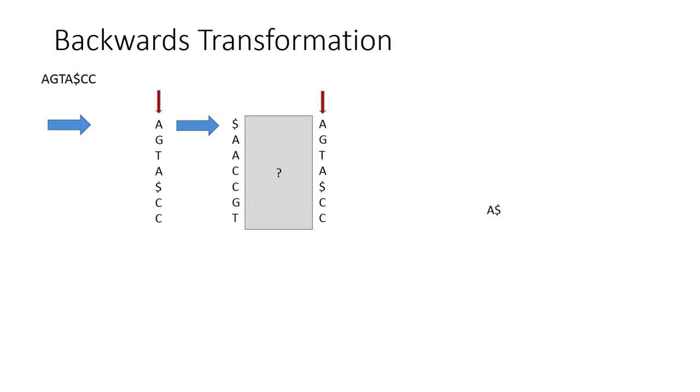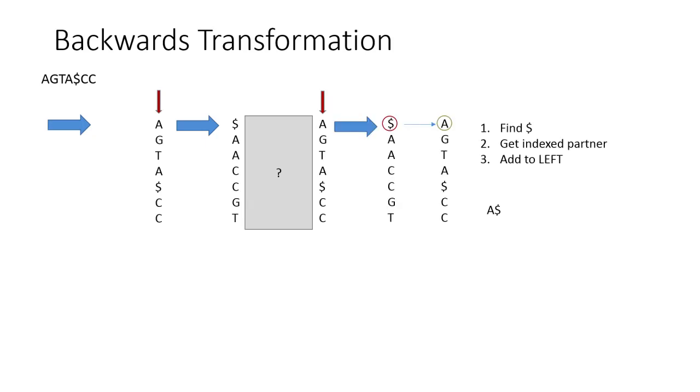From here, you don't know what the letters are in the center, but you actually don't need to know any of these letters. What you need to do is start either at the beginning or the end of the string. In this case, I'm starting at the end of the string.